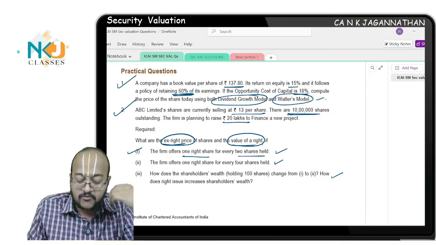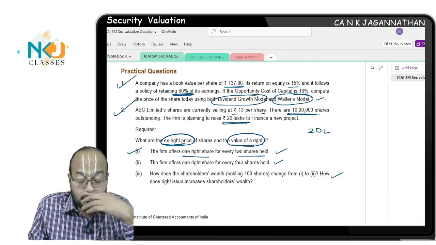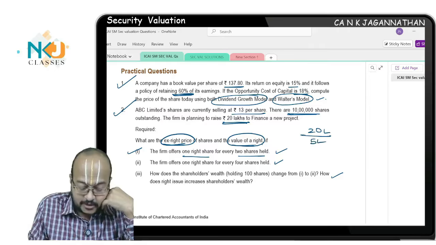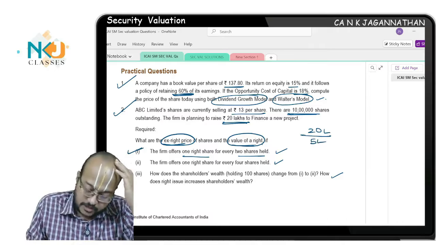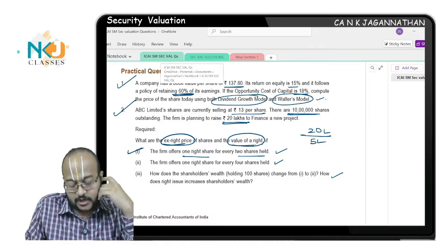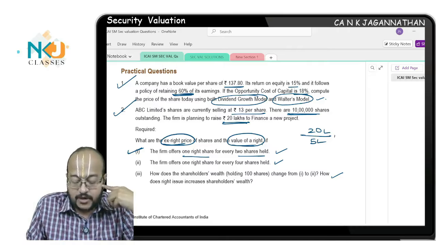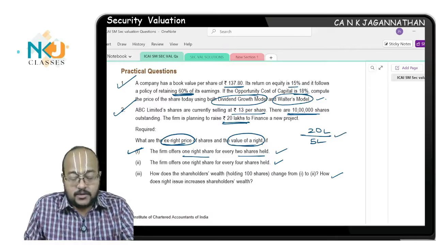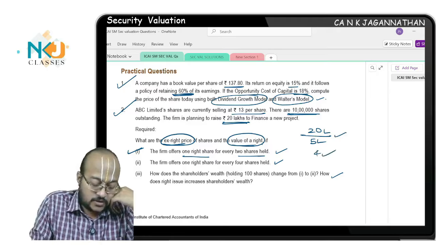The 20 lakhs to be raised for this project divided by 5 lakh shares, as per case 1, gives the rights price, which means the price at which the new funding is done: 20 lakhs divided by 5 lakhs, which is 4.